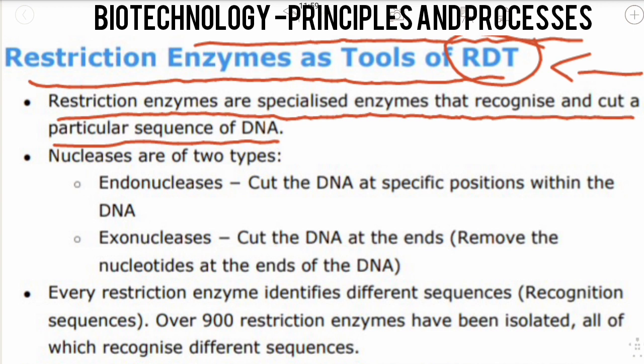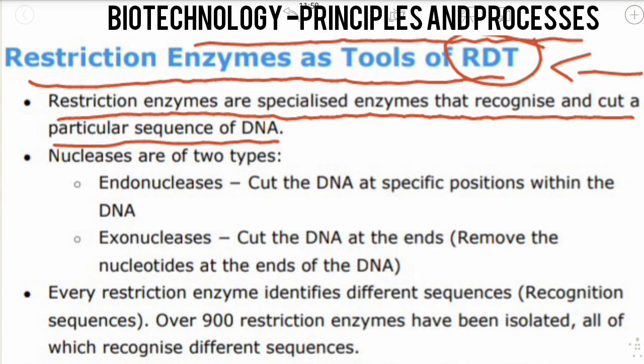They play a very important role in the construction of recombinant DNA and gene cloning. Restriction enzymes are the enzymes isolated from bacteria that recognize the specific sequence in the DNA and then cut the DNA to produce fragments.